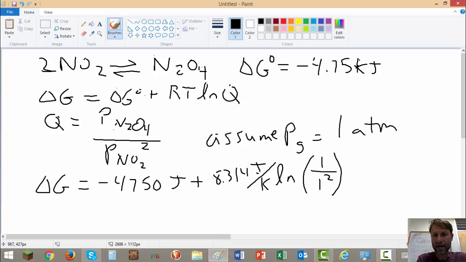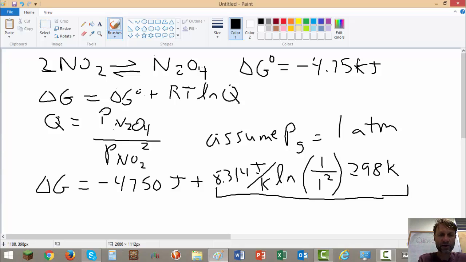And you can see that natural log of 1 is 0, so this whole term is, oh, I forgot the temperature in there, so let's add that in at 298. We'll assume 298 K. And so this whole term is 0.